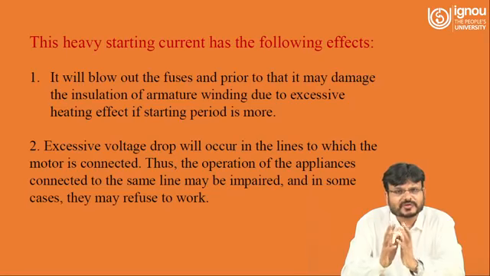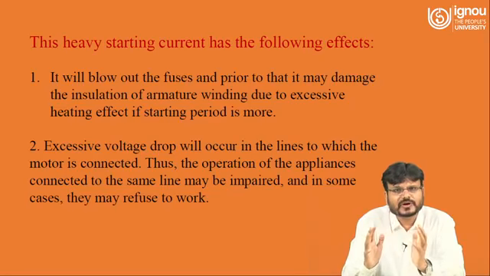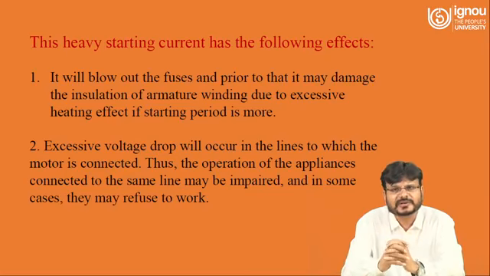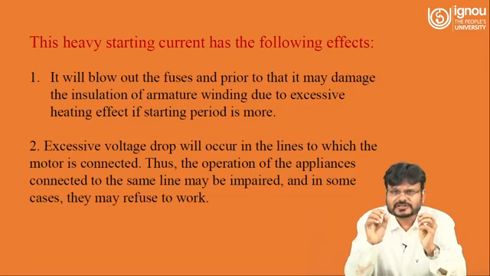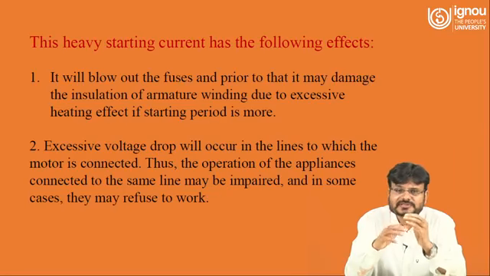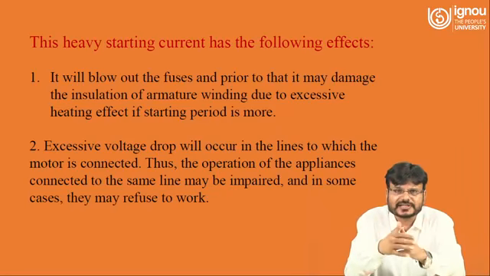It will blow out the fuses, and prior to that it may damage the insulation of the armature winding due to excessive heating if the starting period is long, because the armature current is high. Heat is H = I squared R, so if the current is very high, I squared R will also be very high.